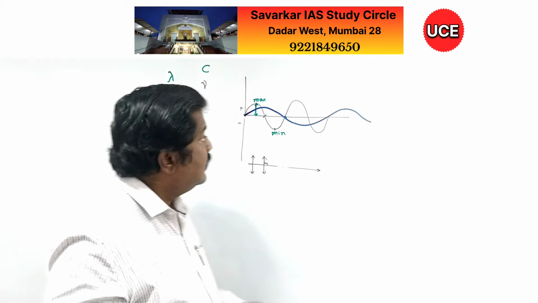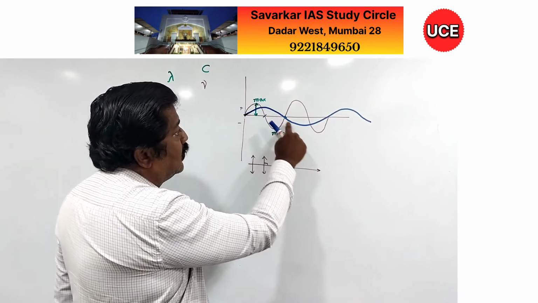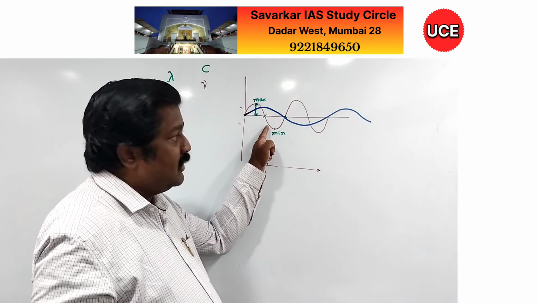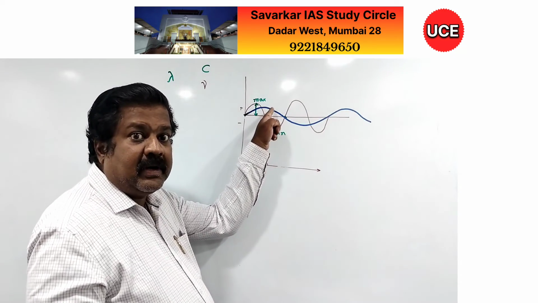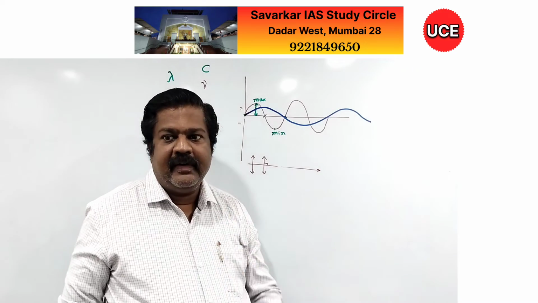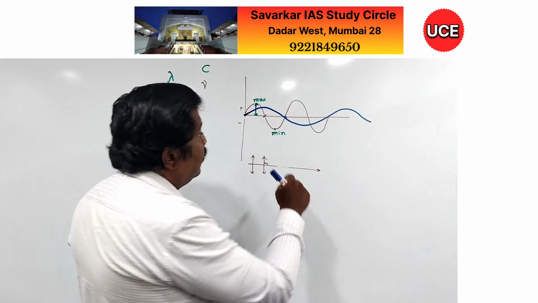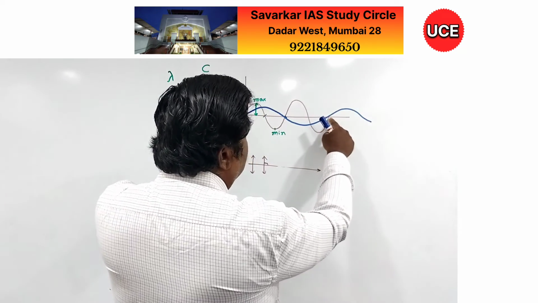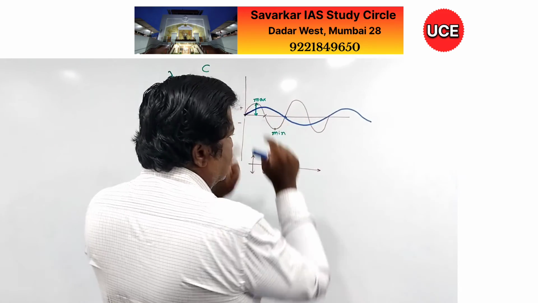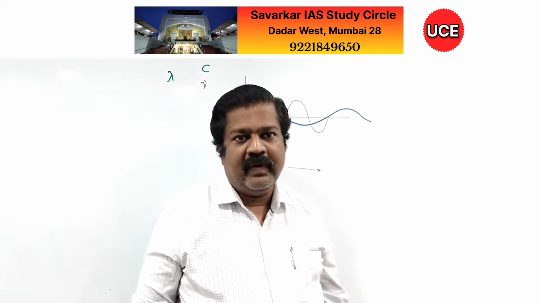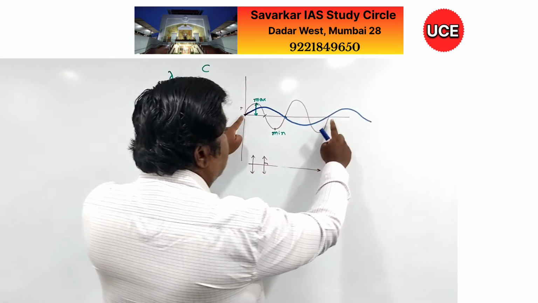So in a second, suppose two waves are passing for the red one, but for the blue one only one wave will pass. In case of the blue wave, you will find that wavelength is more.